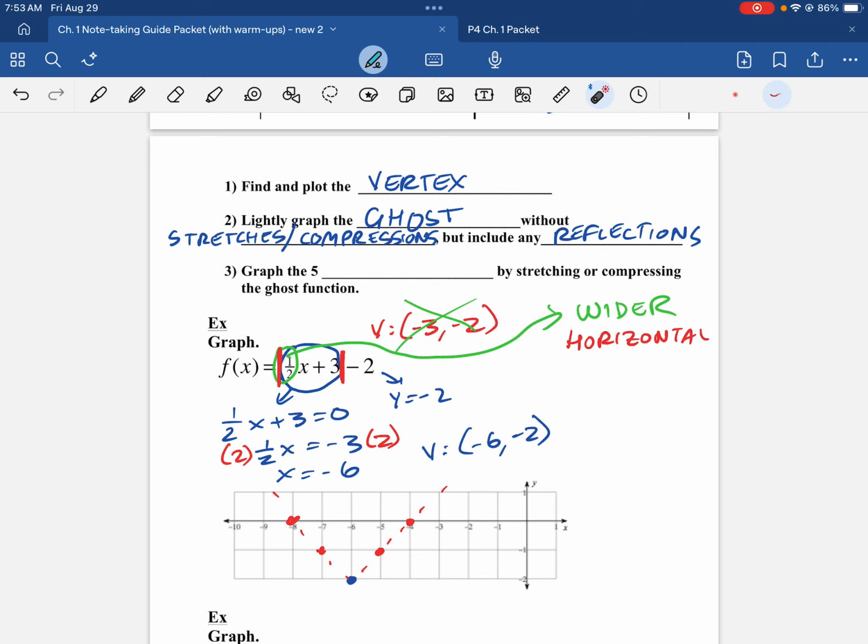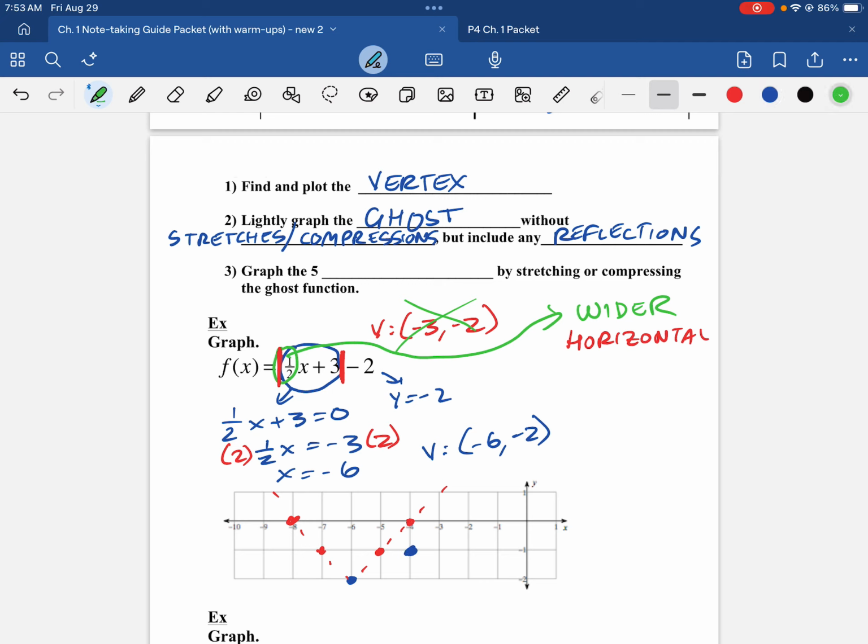because if I move them out, then I will get a wider V. That's a conceptual thing that some people can see very easily and other people have trouble with, but I'm just trying to describe this the best I can. So if we move these points out horizontally, since the factor would be 2, the reciprocal of 1/2, that means I'm doubling the horizontal distance.